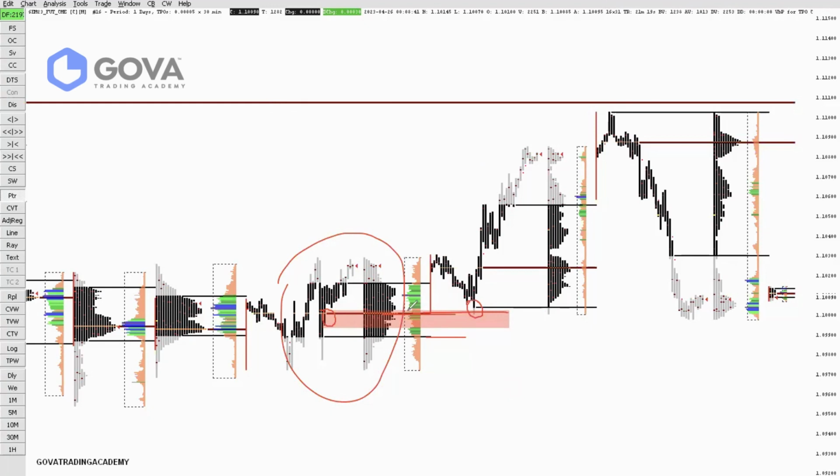You can see there's volume in the area also, right? And that is what caused market price to rally up massively, okay?